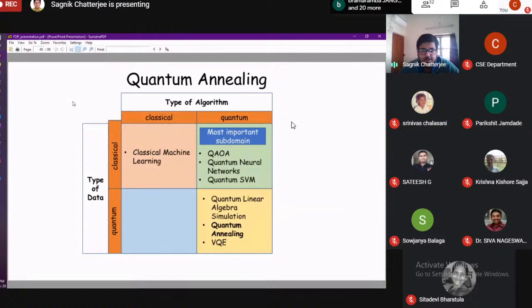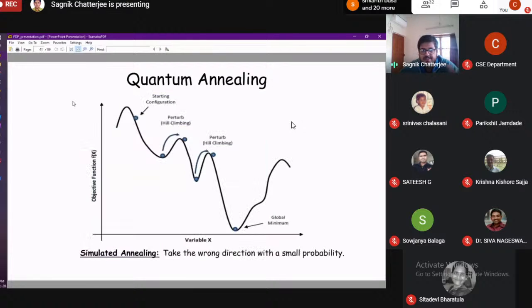So we return to our matrix. Now we take a look at the quantum annealing algorithm. You can think of this as your optimization landscape. You have the objective function which you are trying to minimize to the global minimum. However, there are local minima along the way which might trap your gradient descent or batch gradient descent algorithms.